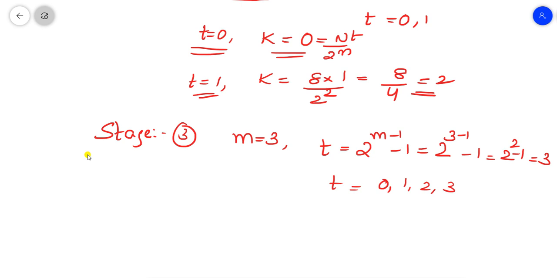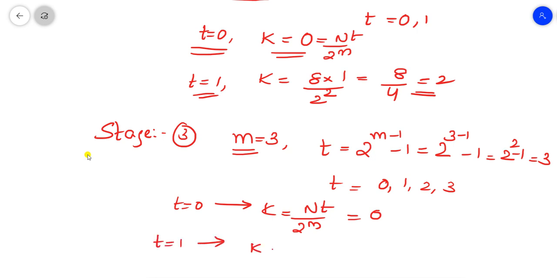Already we know that small m value is 3 and t has 4 values, so we need to substitute each value of t in k. We are getting 4 values. When t is equal to 0, k given by n*t by 2 to the power of m is 0. When t equal to 1, the k value is equal to 8 into 1 by 2 power 3, that means 8 by 8 is equal to 1.